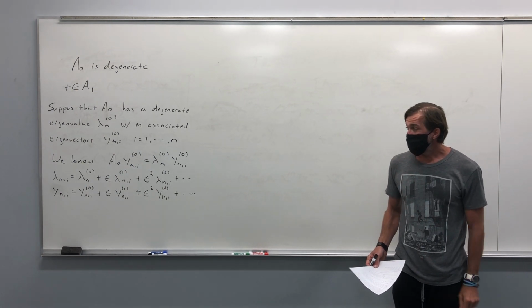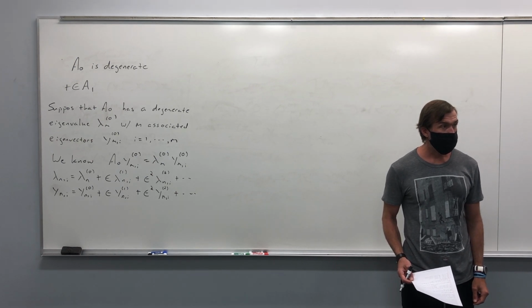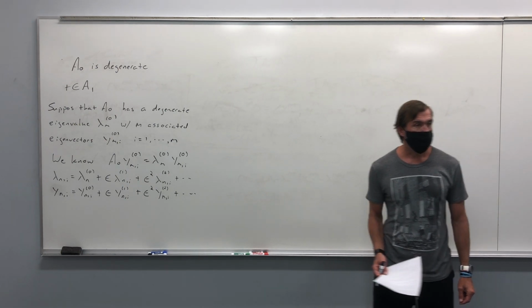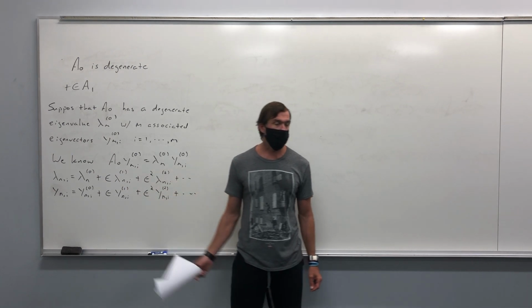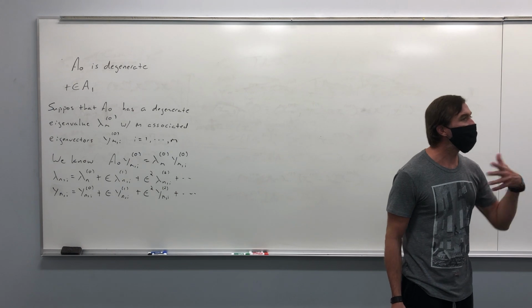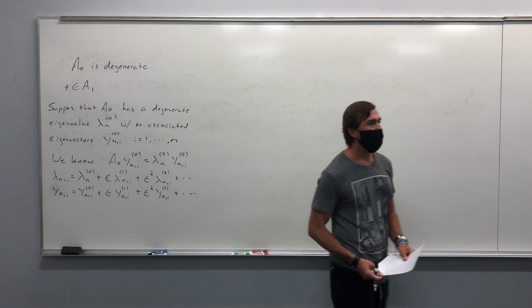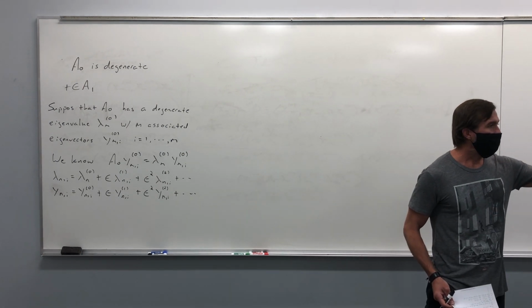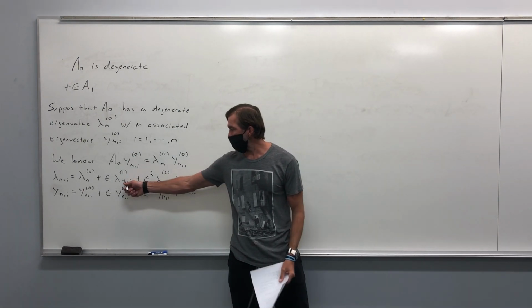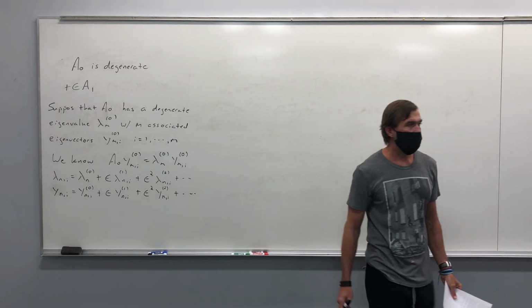Does anybody notice the absence of something peculiar in that expression? Is anybody bugged by it? Everything has comma i except for what? This lambda m. Is there any point in putting a comma i on it? Well, it's the same for all of the i's. It's a degenerate eigenvalue. However, the corrections, as I mentioned, might be distinct, and we're just going to assume that they are. And so the corrections to lambda are going to have to be labeled by which eigenvector they're corresponding to.